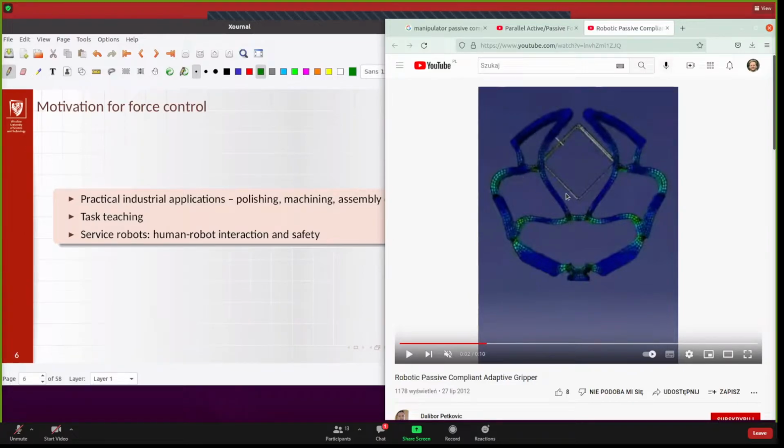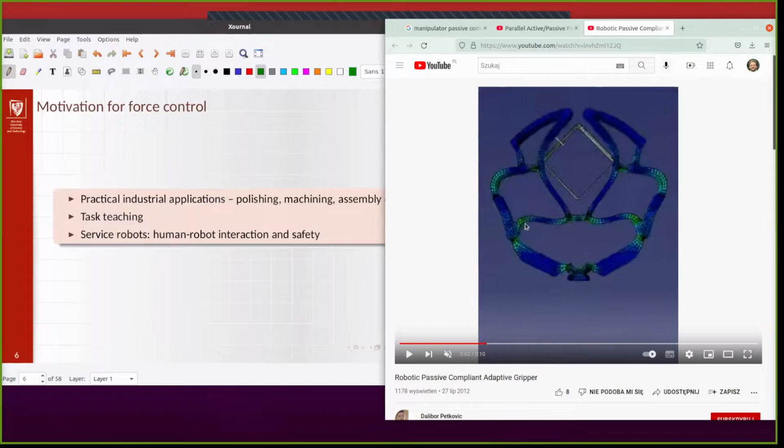They just make closing the grasp. We are already showing that at the lecture about the grippers, but that's just to recall, that's also an element of the force control.